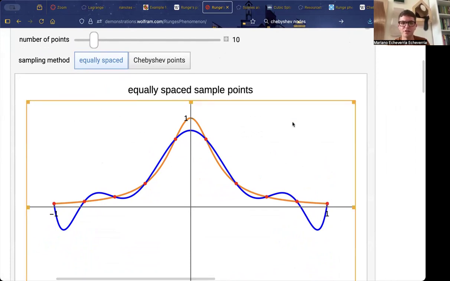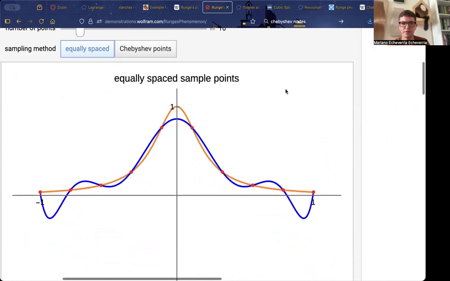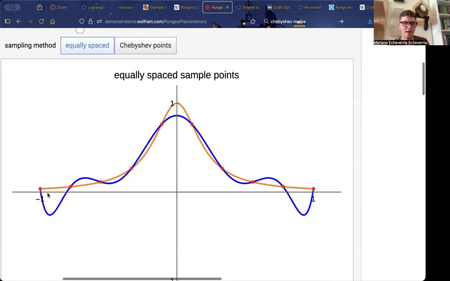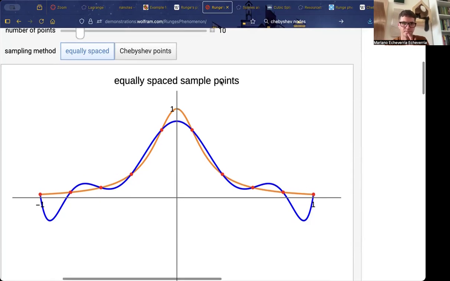The orange curve is still the same because that's the function I'm using to generate the points. The blue curve is the polynomial approximating the graph, and in this case it would be degree 9, because again, it's always one less than the number of points.